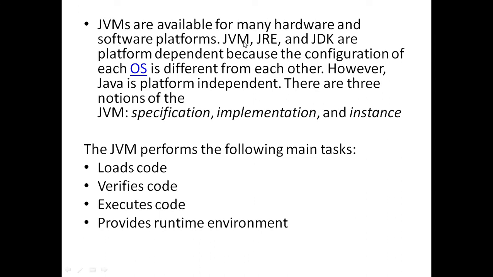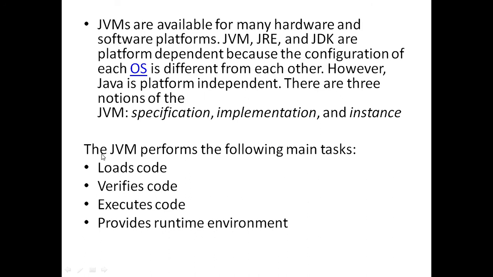JVM, JRE and JDK are platform dependent because the configuration of each OS is different from each other. However, the Java platform is dependent, but Java is platform independent. These are the three notations of the JVM: specification, implementation, and instance.